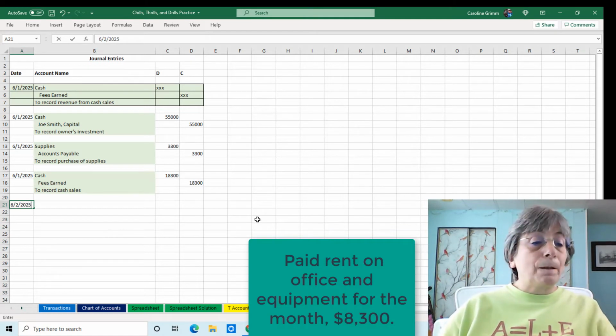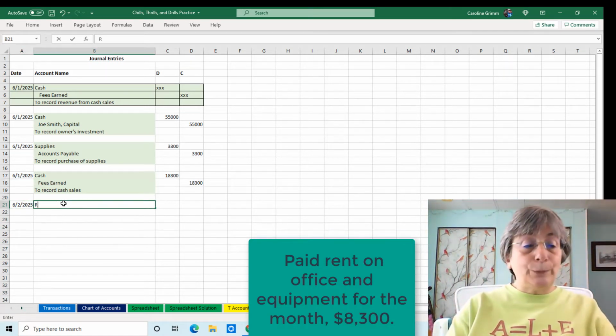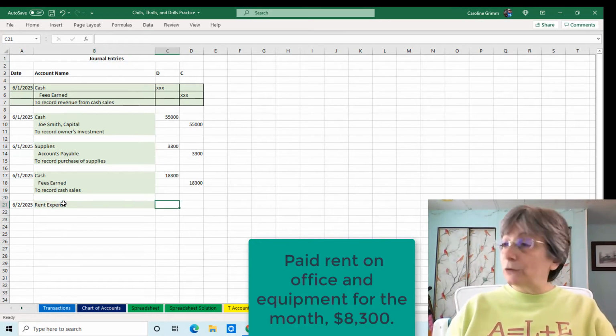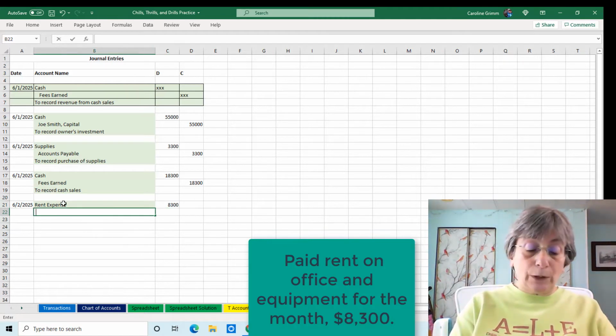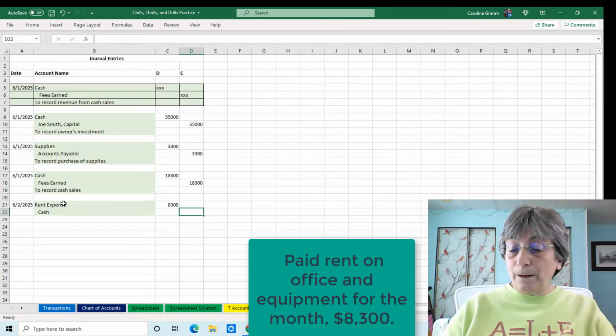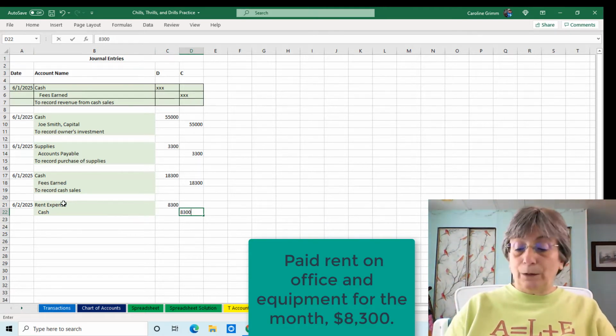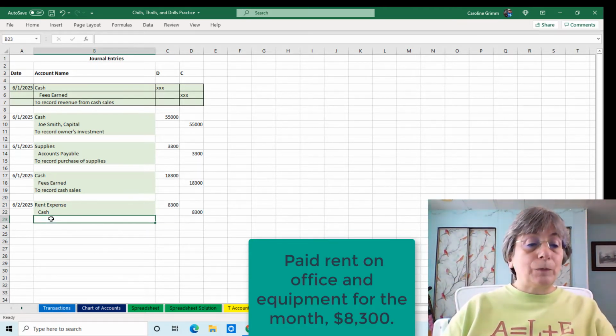So let's see, rent expense, we're going to debit because it has a normal debit balance. So $8,300. And how are we paying for that rent? Well, we're going to pay cash. So we need to reduce our cash account by crediting it by $8,300 to pay rent expense.